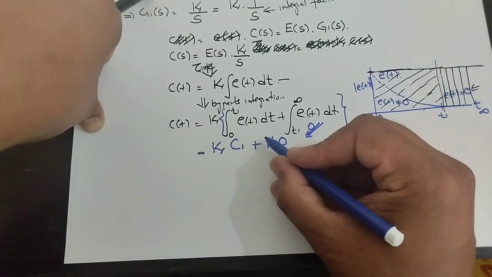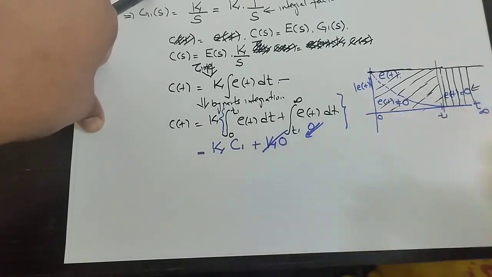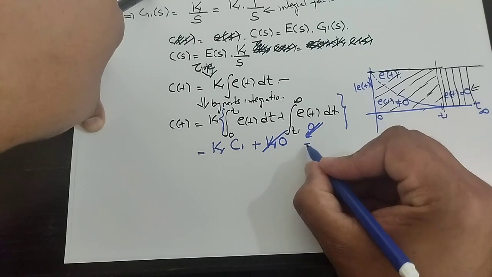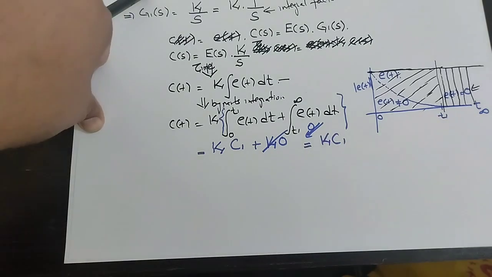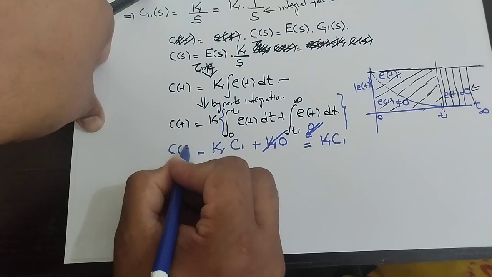So you can just eliminate this term. What we will get is a constant output, k times C1, for an output response E of t.